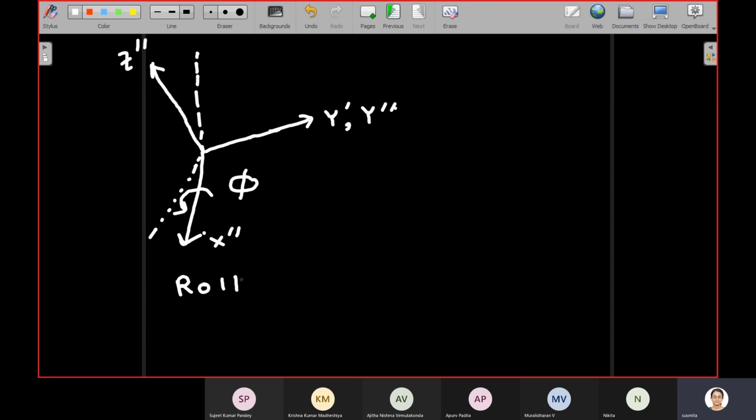After applying the roll rotation, this time the x-axis will not change its orientation. The x will remain the same as before. Dashed lines represent the previous orientation.